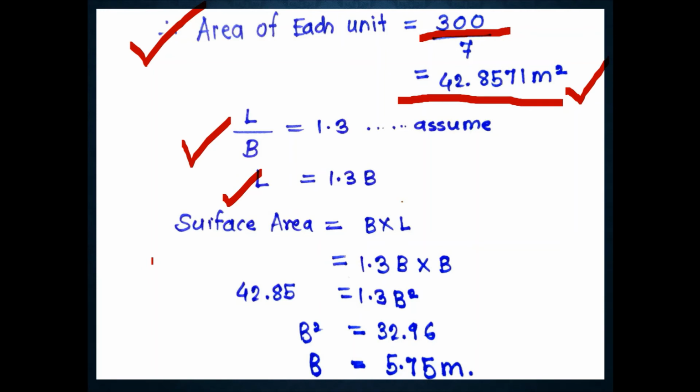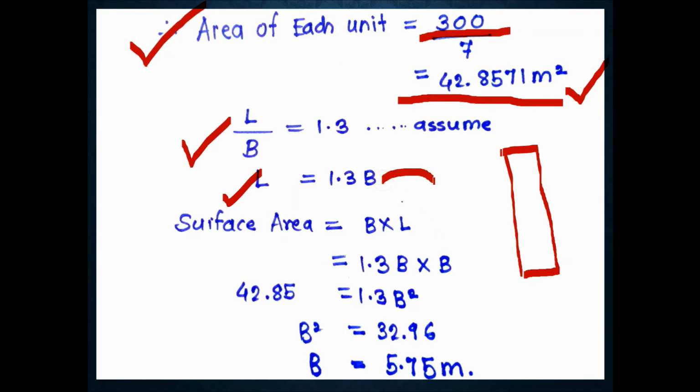The surface area we got, and every filter media is rectangular in shape, with length equal to 1.3 times the width, and surface area or plane area equal to breadth into length.